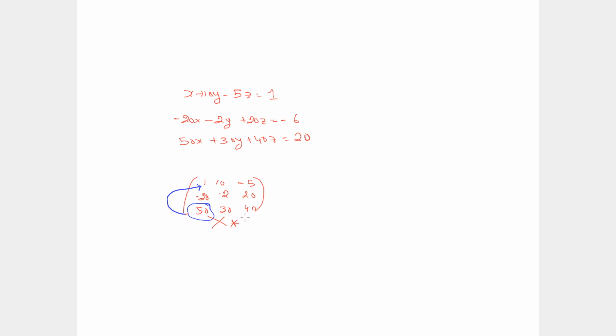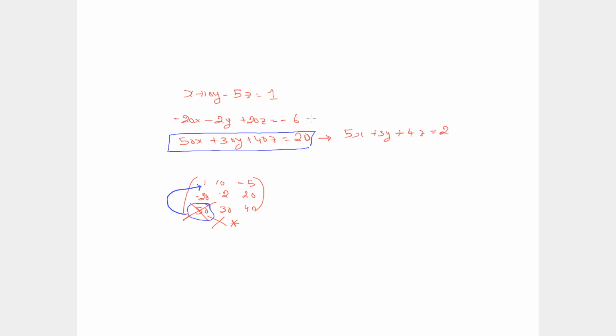Why this is not a maximum magnitude element is, if you carefully see, this equation is just multiplied by 10. This equation is actually 5x plus 3y plus 4z equal to 2.